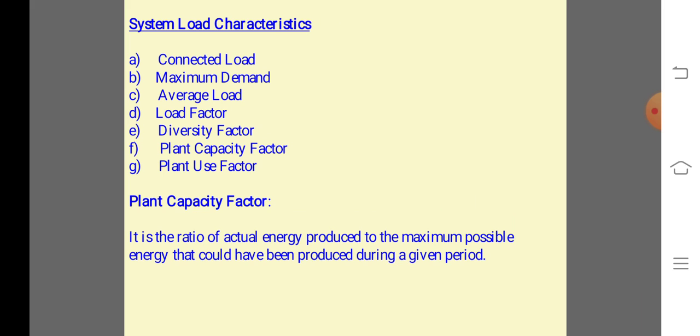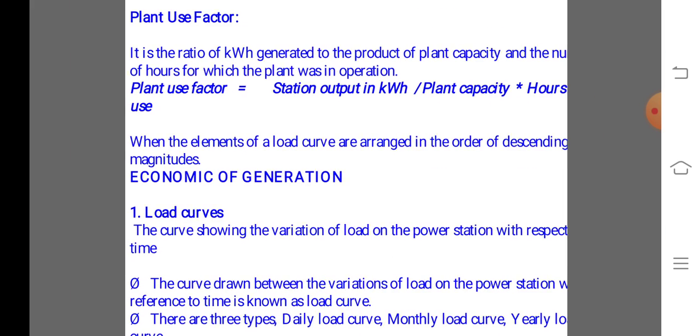Then we move on to system load characteristics. It has connected load, maximum demand, average load, load factor, diversity factor, plant capacity factor, and plant use factor. The plant capacity factor is the ratio of actual energy produced to the maximum possible energy that could have been produced during a given period.